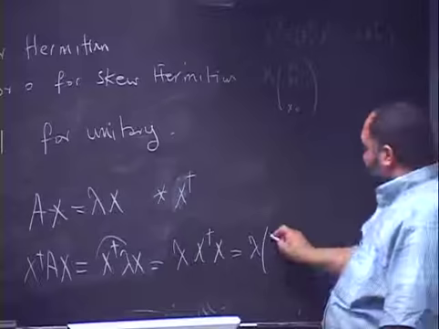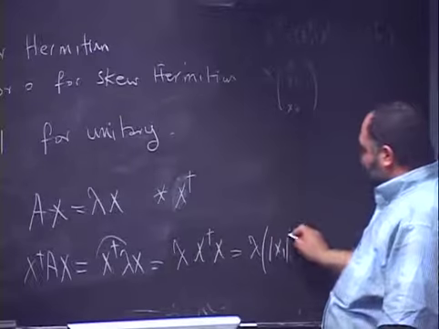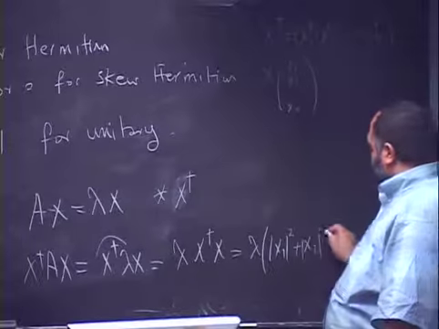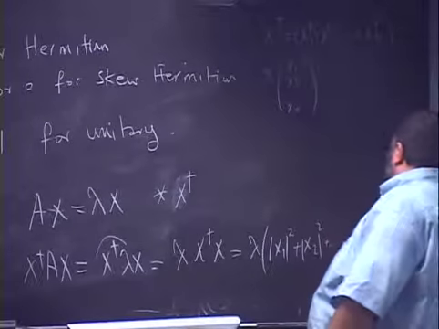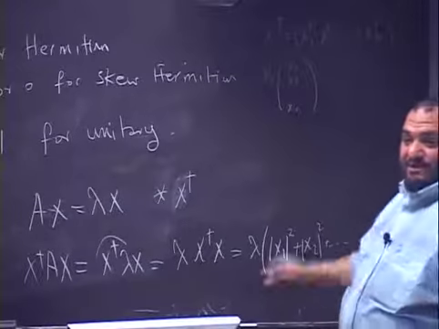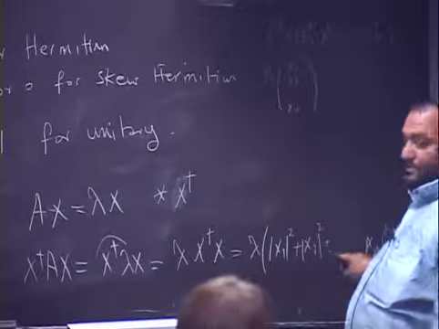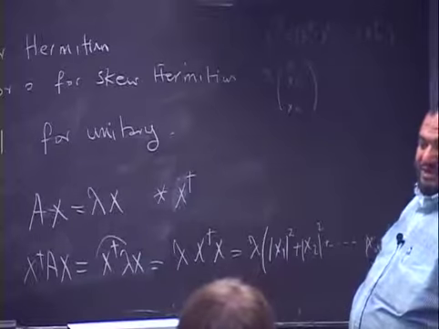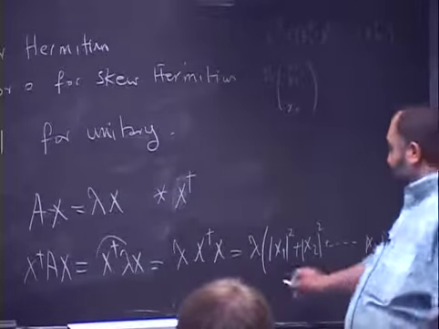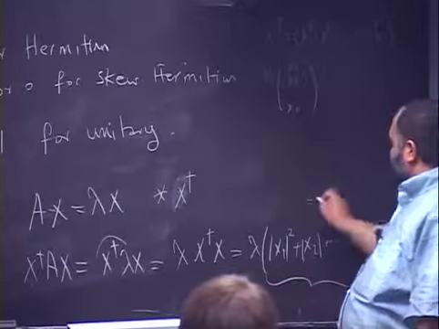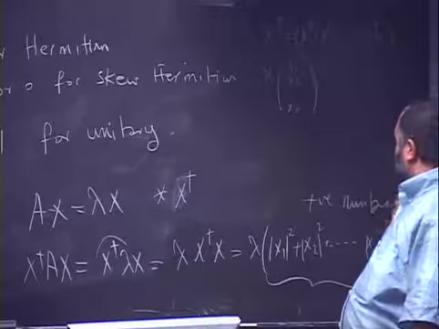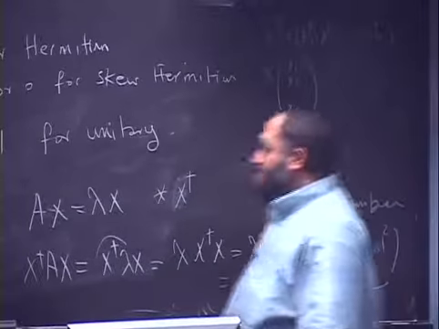So this will be x1 squared plus x2 squared up to xn squared. If you have square number, square number, square number, so this is real, and all this is a positive number. Yes? A real positive number.